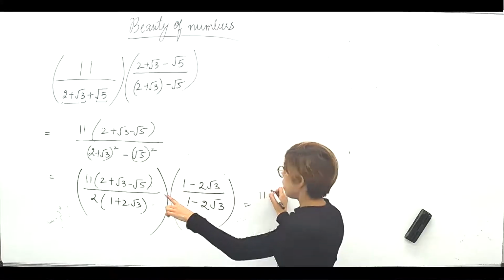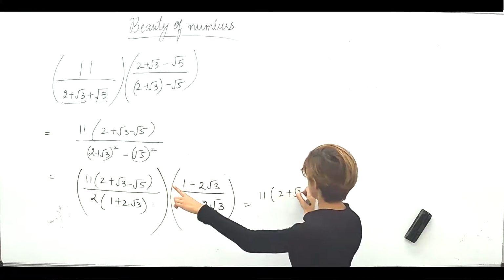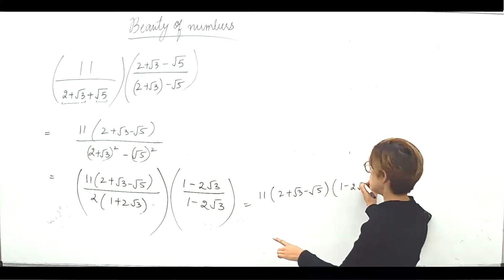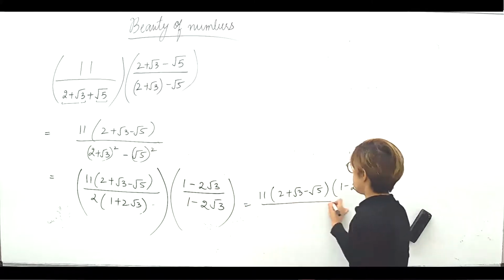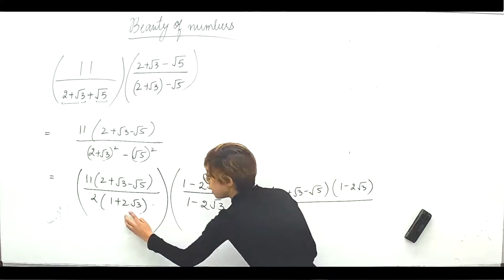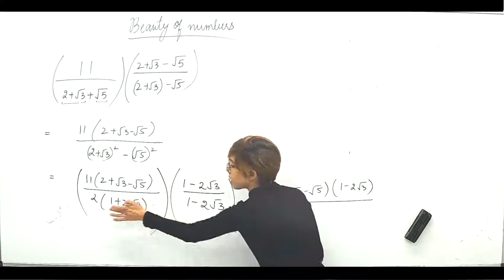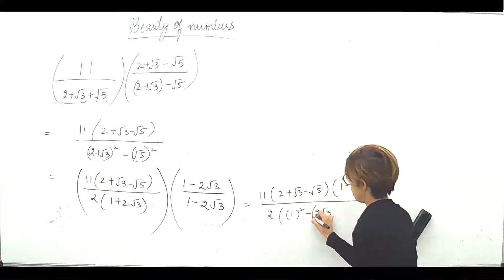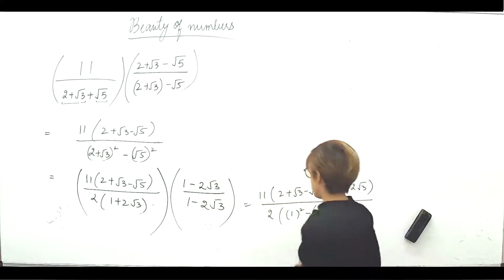Now let's multiply the numerators. So 11 into 2 plus square root 3 minus square root 5 into 1 minus 2 root 3, divided by, now 2 as it is, this is a plus b into a minus b. So a square as in 1 square minus b square. So minus 2 root 3 whole square. Right?